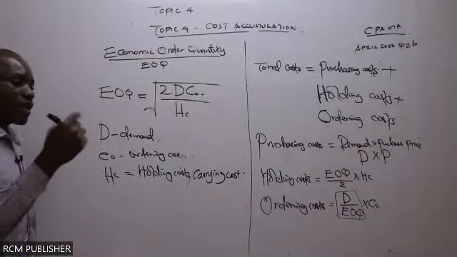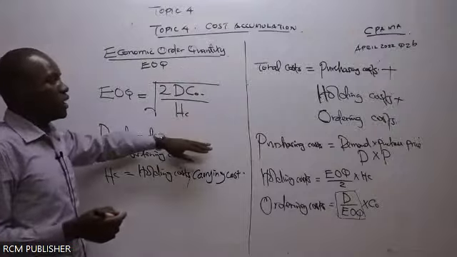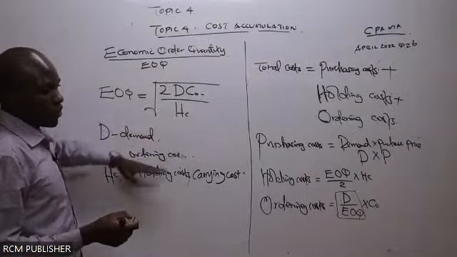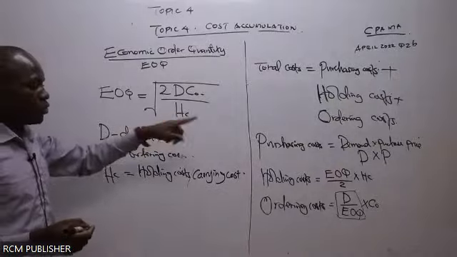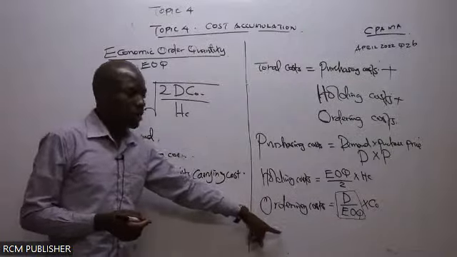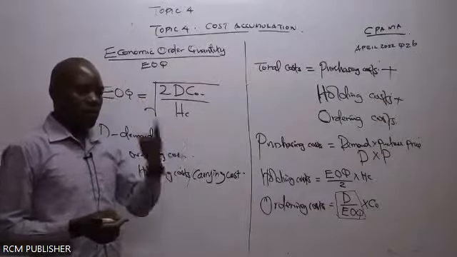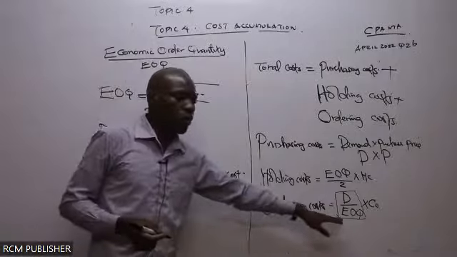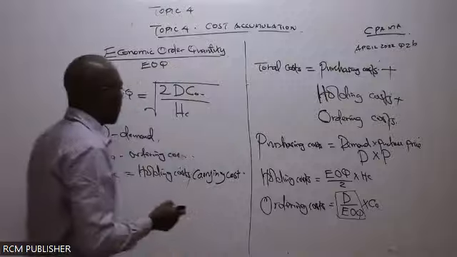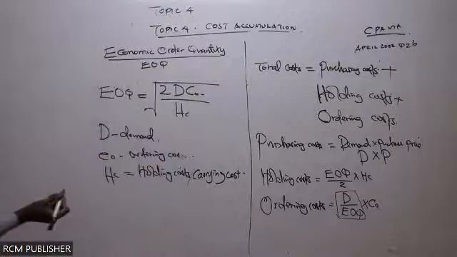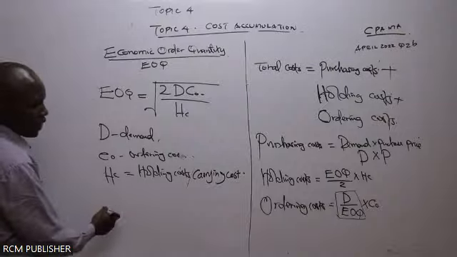So if you look at the other question which you are doing, which we've not completed because of this remaining portion, we were required to do what? To get the number of orders. So as we move forward, you should be able to get the number of orders once you have your economic order quantity. Write it somewhere, because I know majority will forget that.